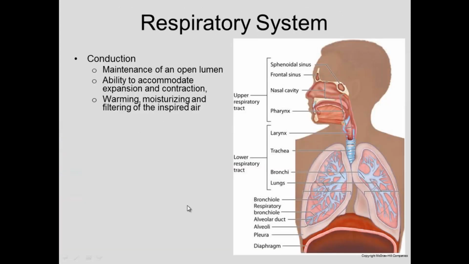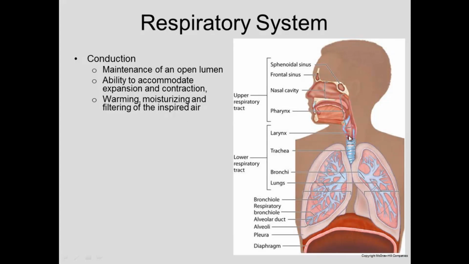So in terms of the respiratory system, in a little summary, we have a conducting portion, and we have upper and lower conducting portions, and there are different parts associated with them. They allow you to interact with your environment, getting oxygen in and carbon dioxide out.